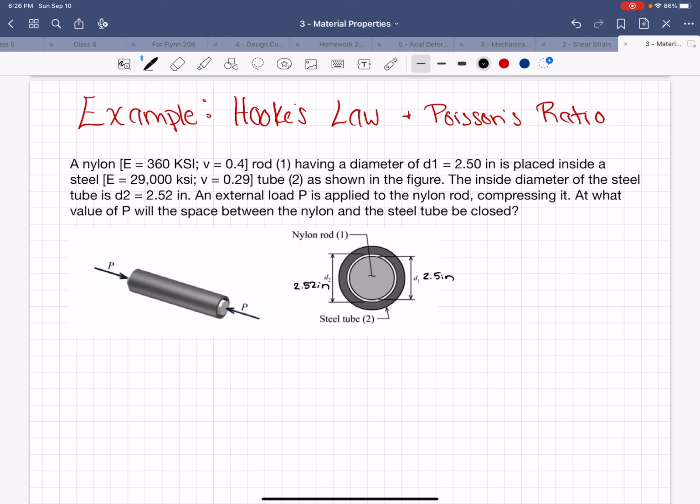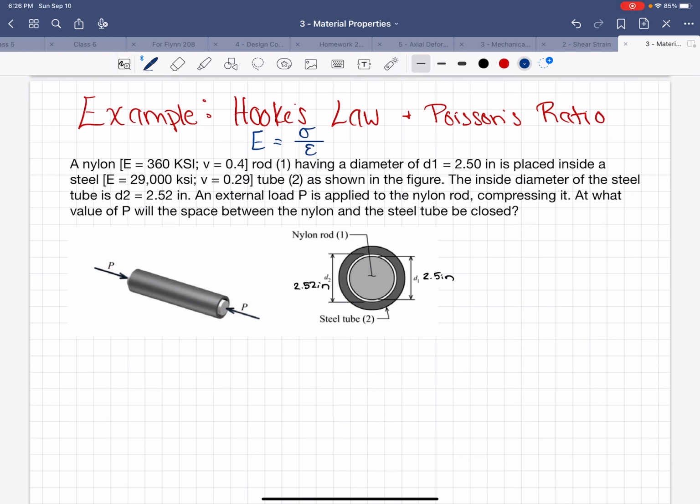Right, so here's the example, a materials property example where we're going to use Hooke's law and Poisson's ratio. If you remember, Hooke's law is how we relate stress and strain using the elastic modulus. When we're in the linear region of the graph, the elastic modulus E equals the normal stress sigma over the normal strain epsilon.